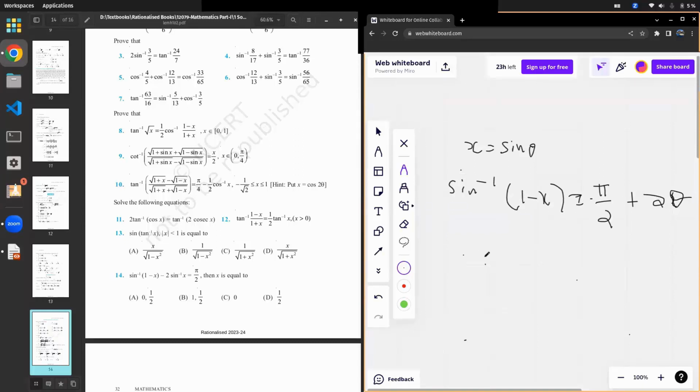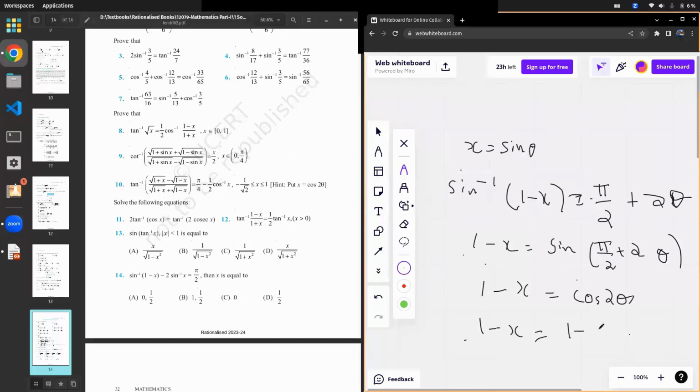If we apply sine on both sides, it will be 1 minus x is equal to sine of (pi by 2 plus 2 theta), and we know sine of (pi by 2 plus theta) is equal to cos theta. So this will be equal to cos 2 theta, and cos 2 theta is equal to 1 minus 2 sine square theta.